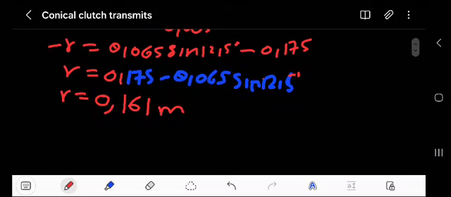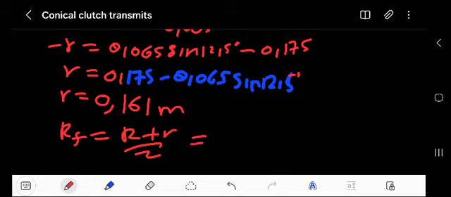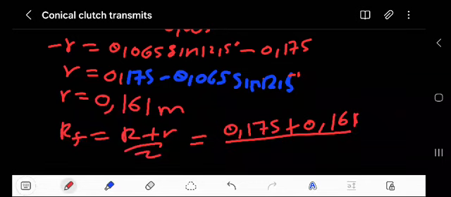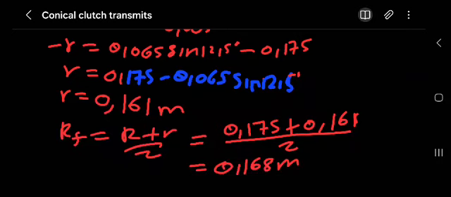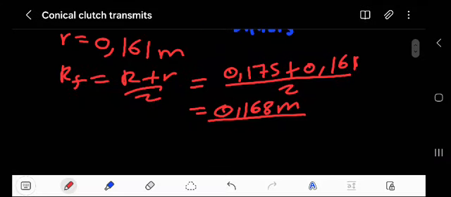Then RF simply equals, remember, R plus r divided by 2. We know big R is 0.175, plus the one we've just calculated, 0.161, then divide by 2. This will simply equal 0.168 meter. So now there's no limitation; you can calculate the force.